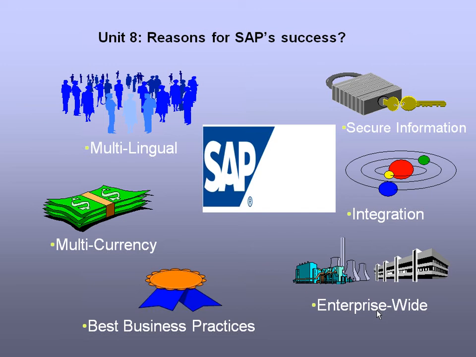Then there is something called best business practices. Let's say you are implementing SAP for a banking company, ICICI. In banking, you have different MNCs, local companies, etc. State Bank of India, ICICI Bank, Citibank, Standard Chartered Bank, whatever banks.